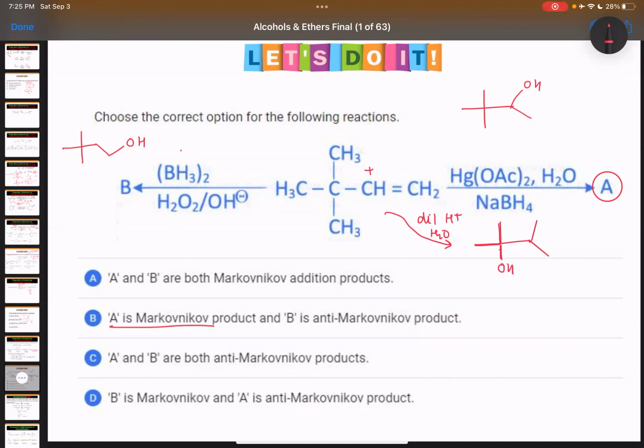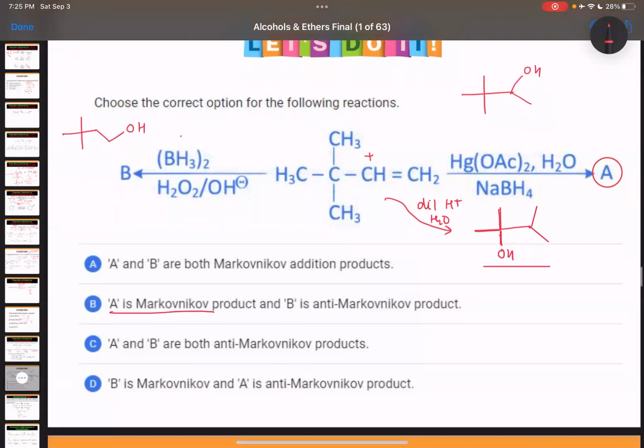So that is going to be the main answer, right? So this is Markovnikov, but with rearrangement. This is anti-Markovnikov addition. This is Markovnikov, but no rearrangement. And this is Markovnikov as well as rearrangement.